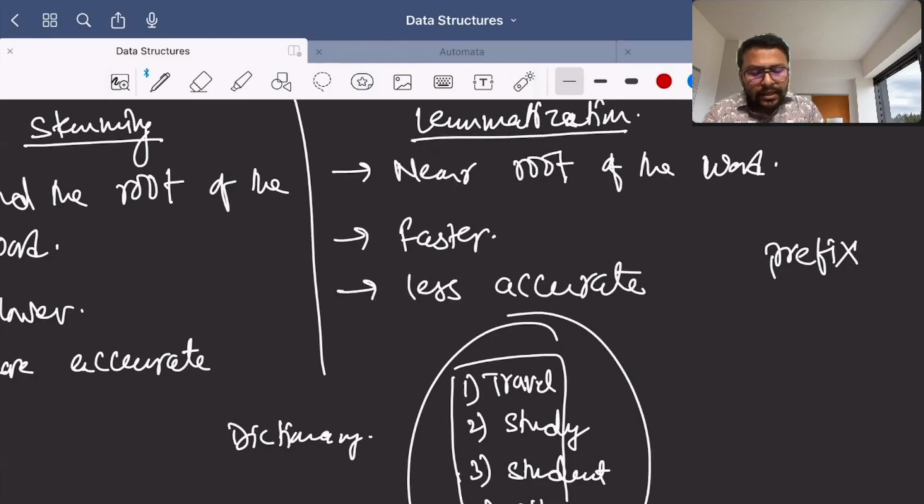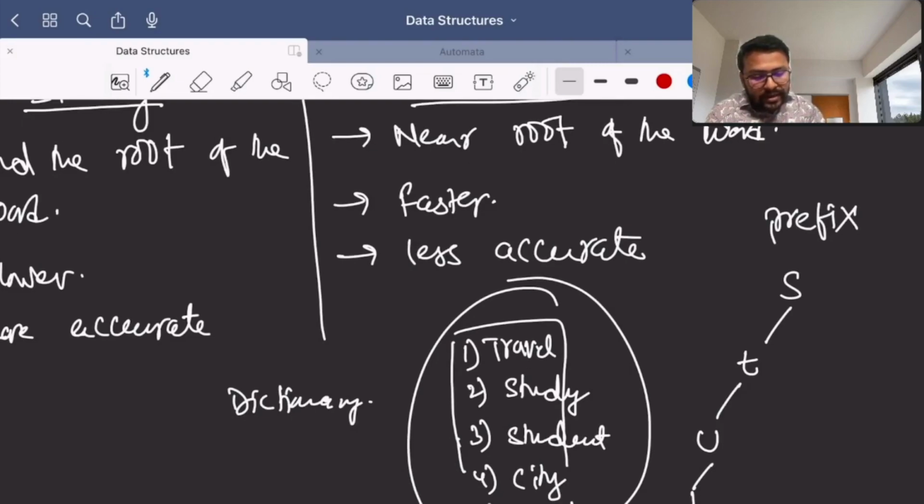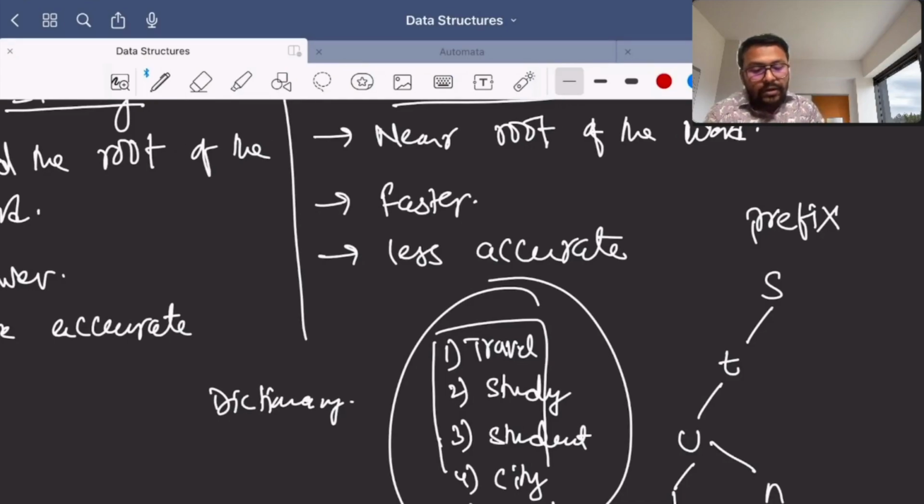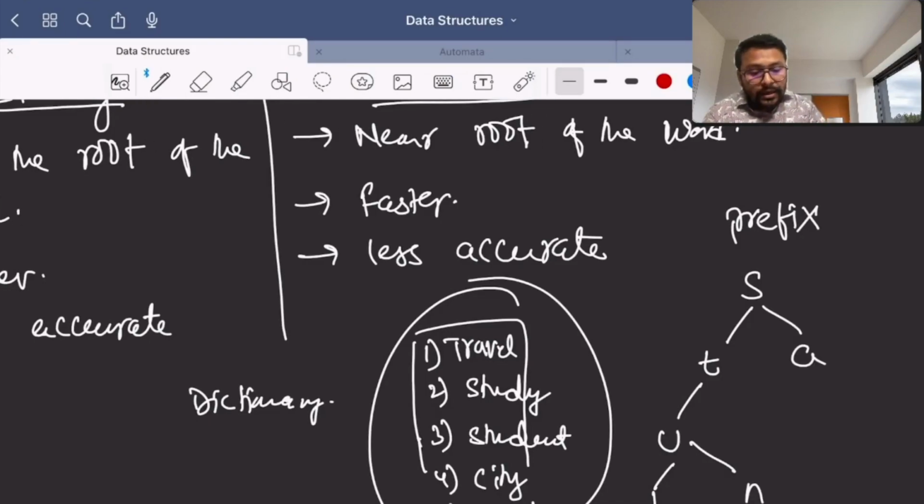Let's say there is a tree S T U D, and from here we have one approach by Y, one approach with E, then let's say U N T, then there can be S A N D, and S A T.